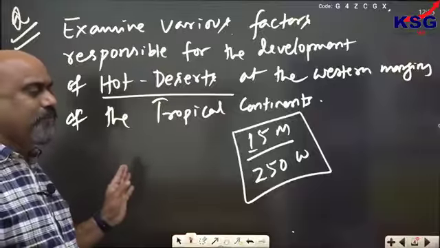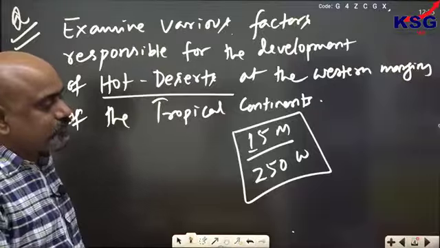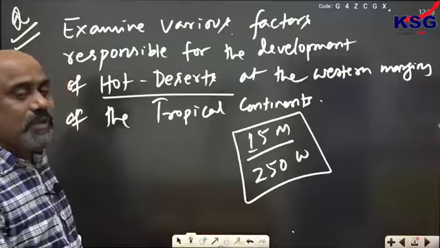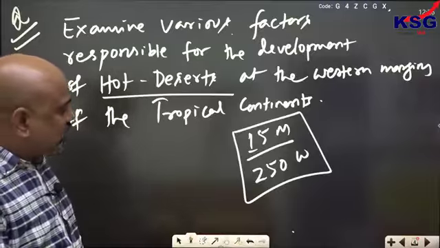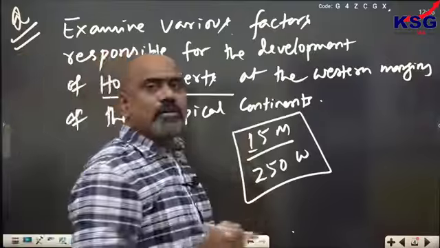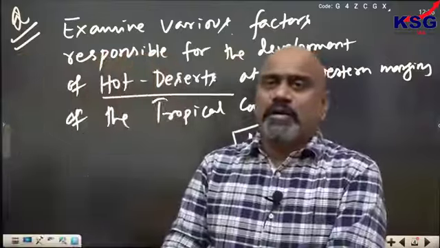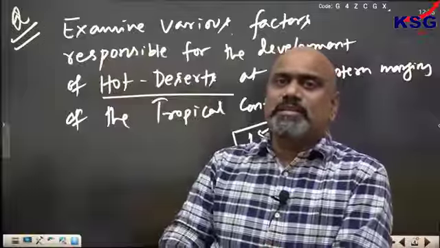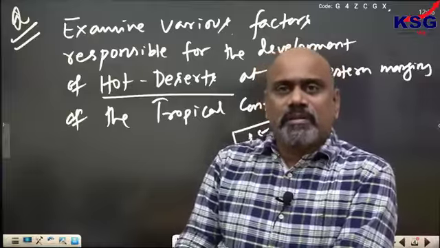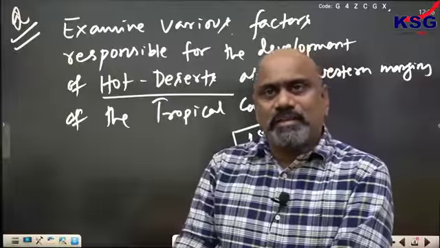Now you can say finally that the major hot deserts are located at the western margins, although there are some exceptions.